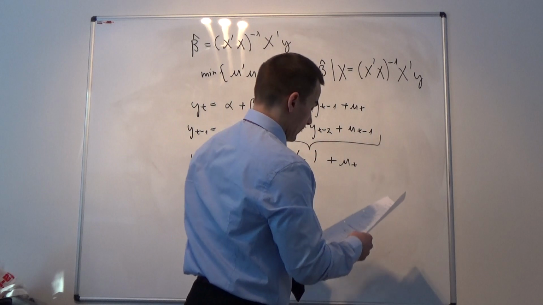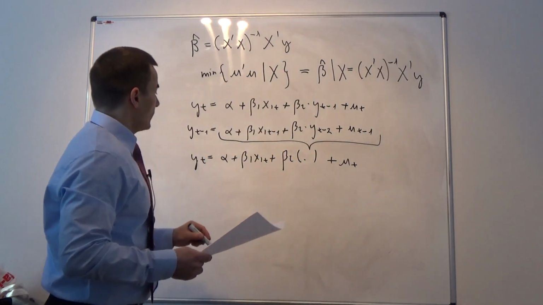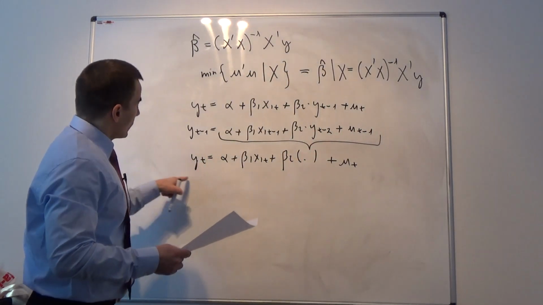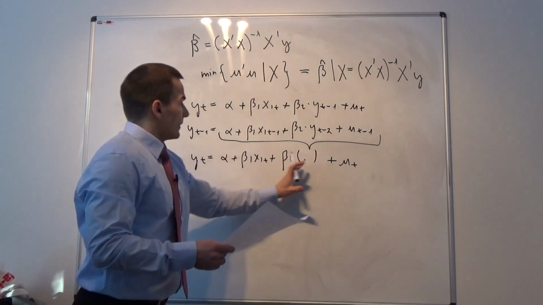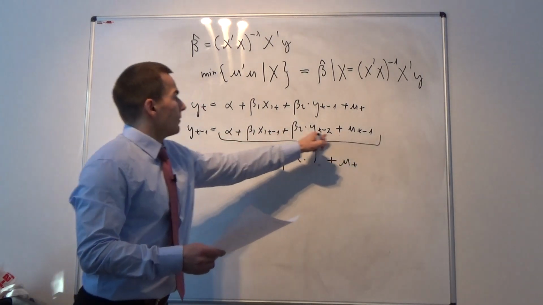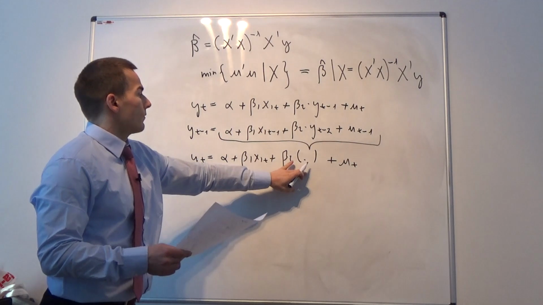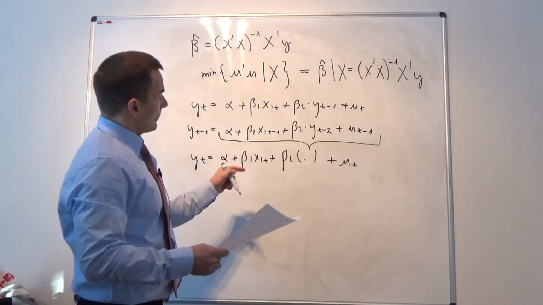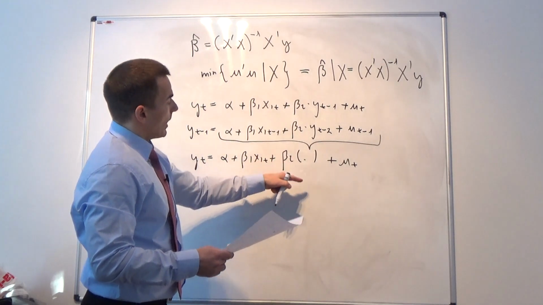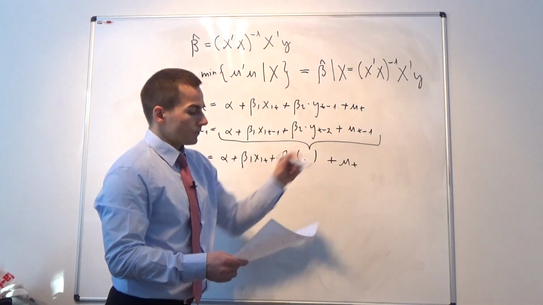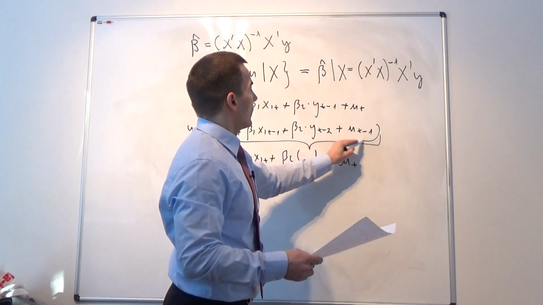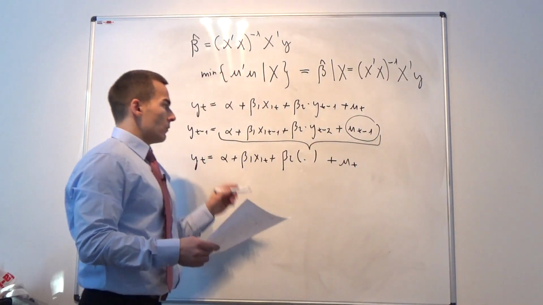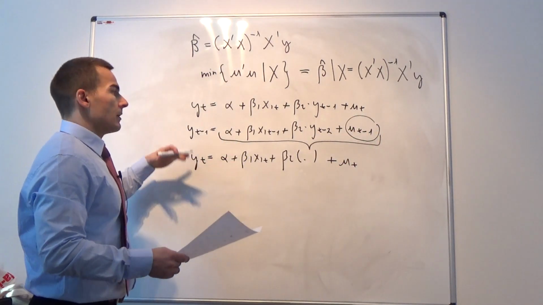We plug the second equation into the first equation, plus ut. What we see is that our regressors are dependent on past error terms, and we can do this iteratively many times.